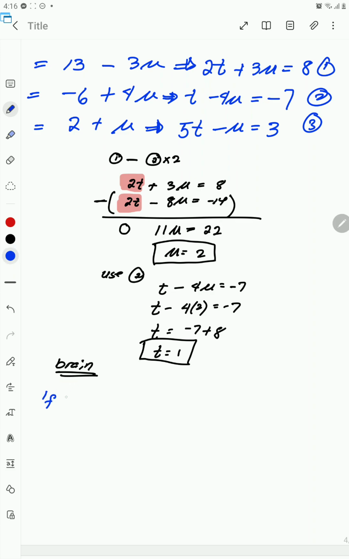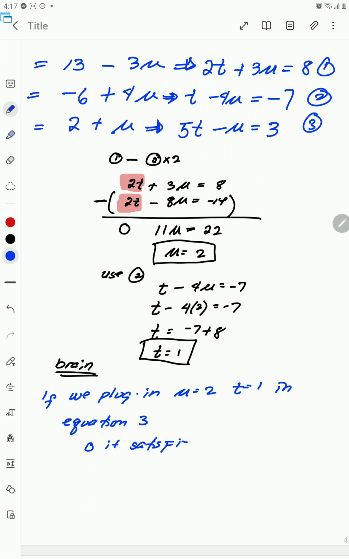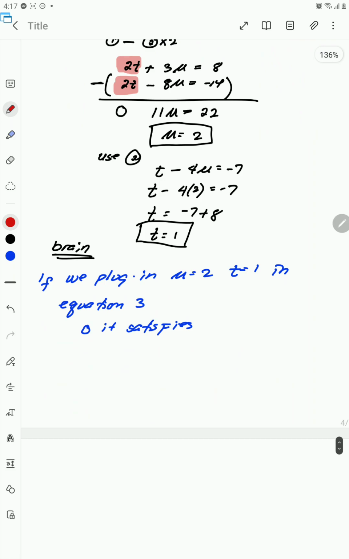If we plug in u equals 2, t equals 1 in equation 3, and it satisfies, what is the conclusion?